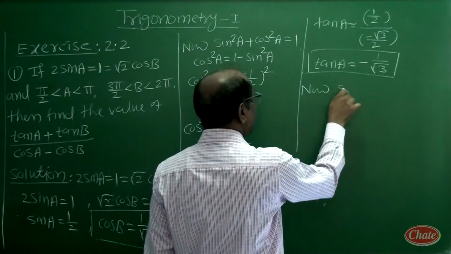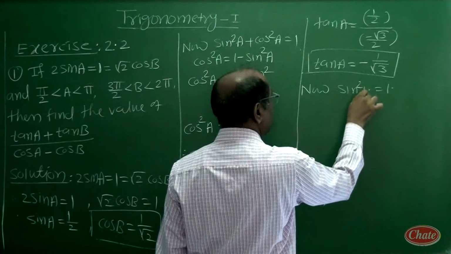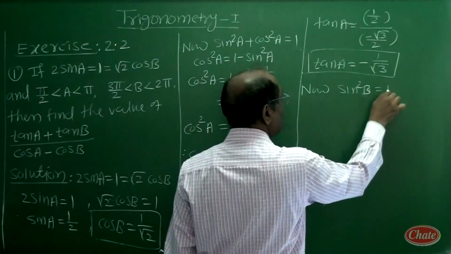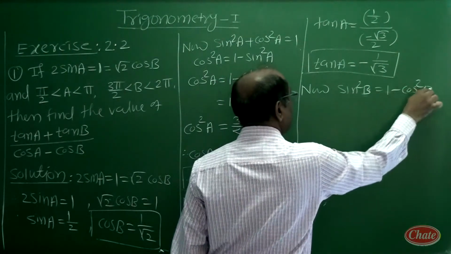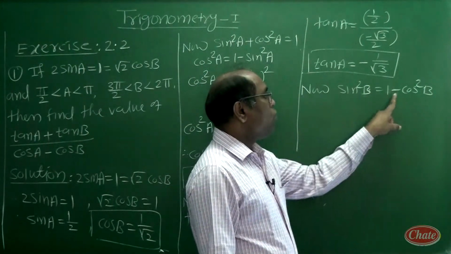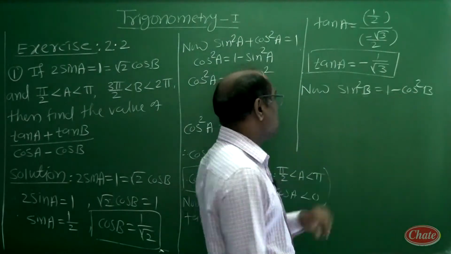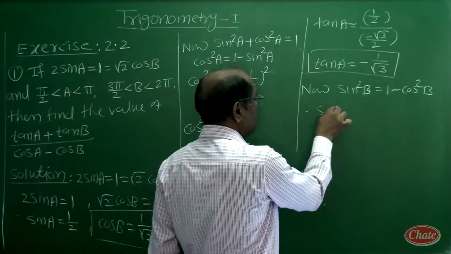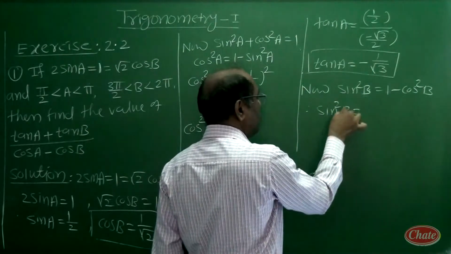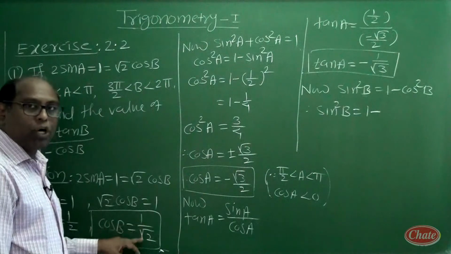Now sin square B is equal to 1 minus cos square B. So here we have to put the value of cos B. Therefore sin square B is equal to 1 minus, what is the value of cos B? 1 upon root 2.